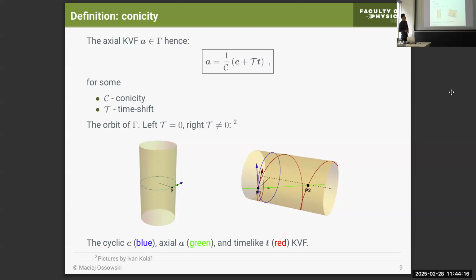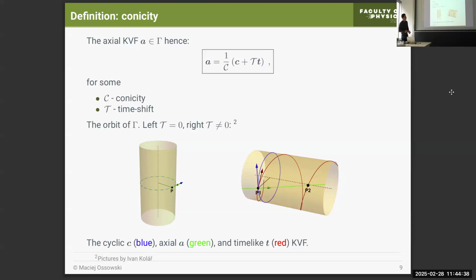However, if you would like to use the same approach for the case with time shift, then you'd have to calculate along the green curve, because this is the orbit of the axial Killing vector field. However, this orbit is not closed. So what do you do? Good question.